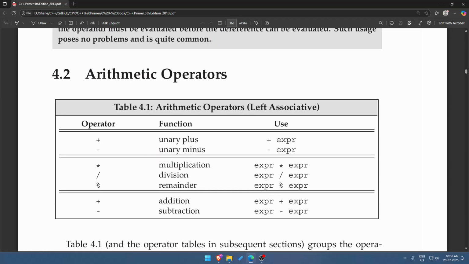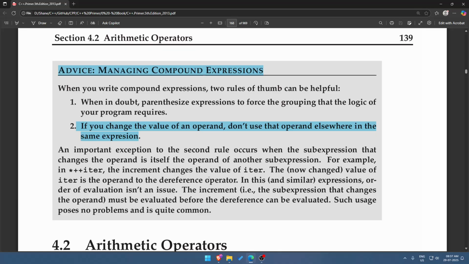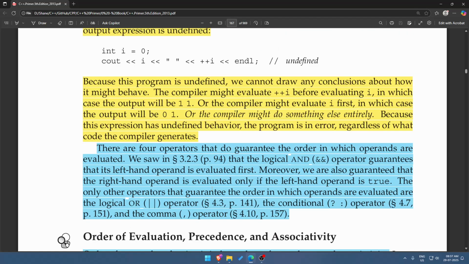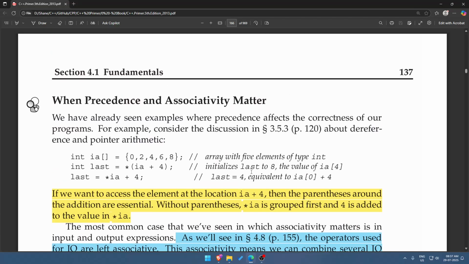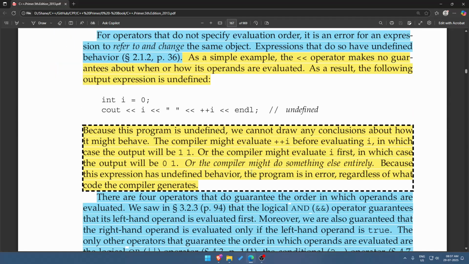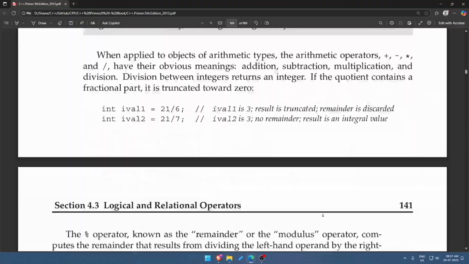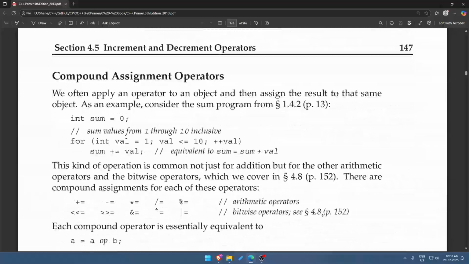Unary plus, unary minus, plus plus. Okay, where was it referencing in the table? Page 160. Okay, move to page 166. Come back to 139.